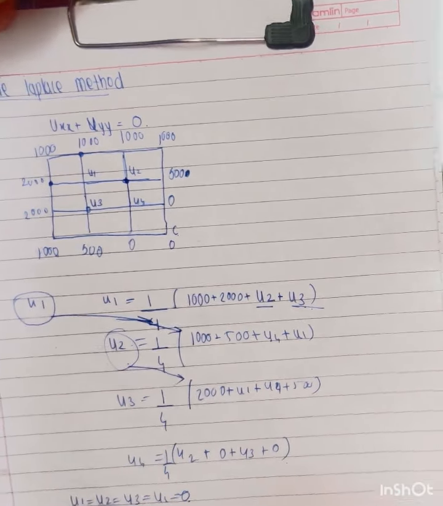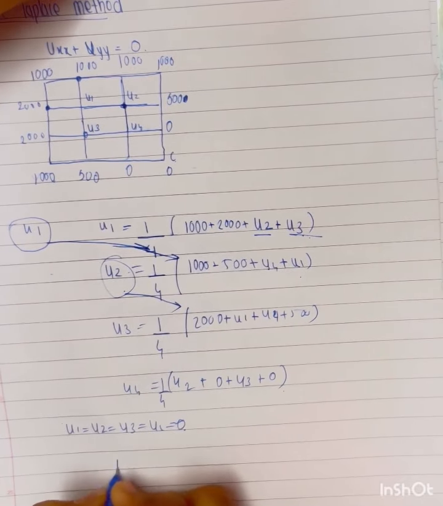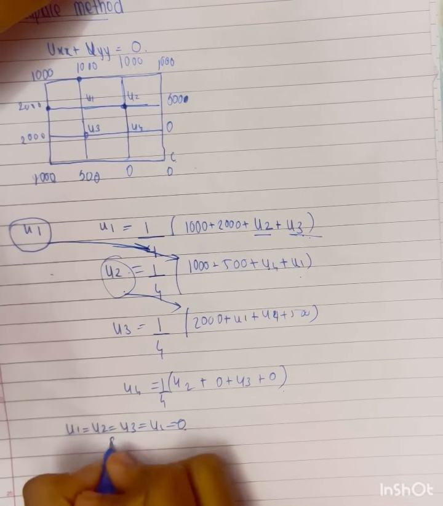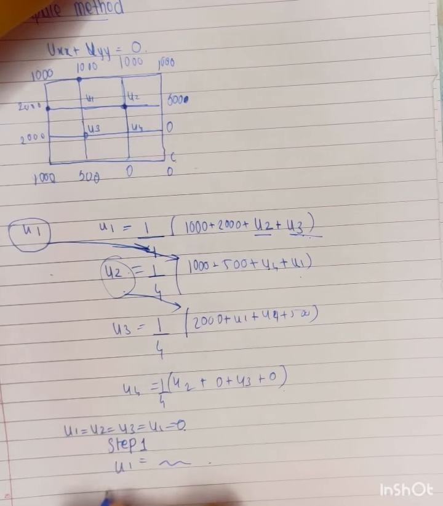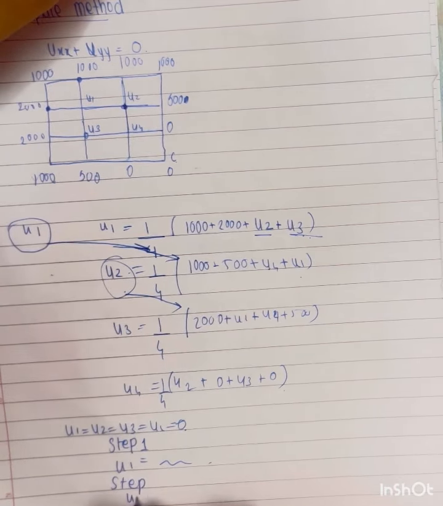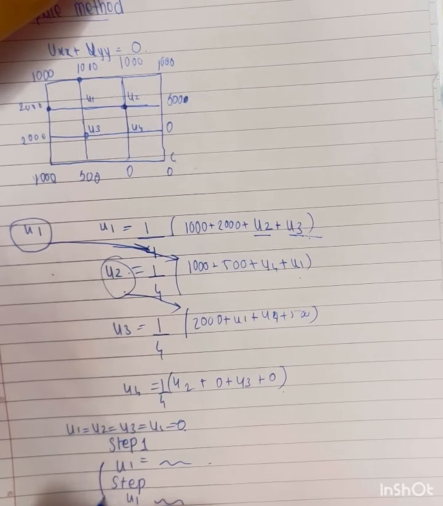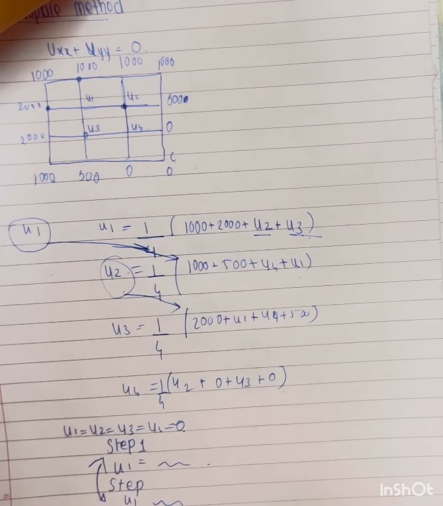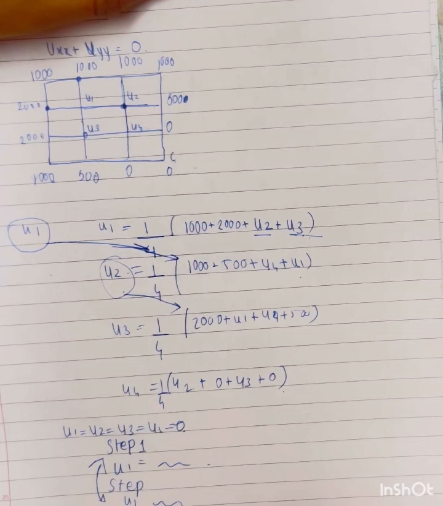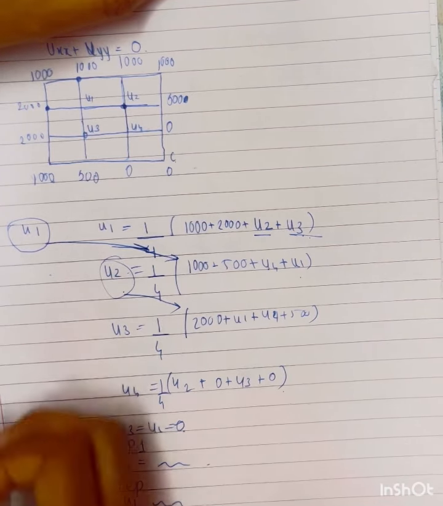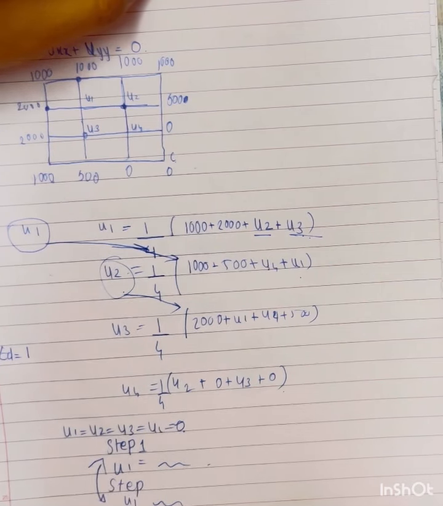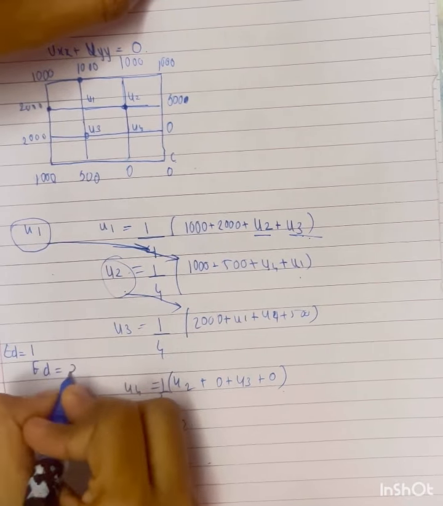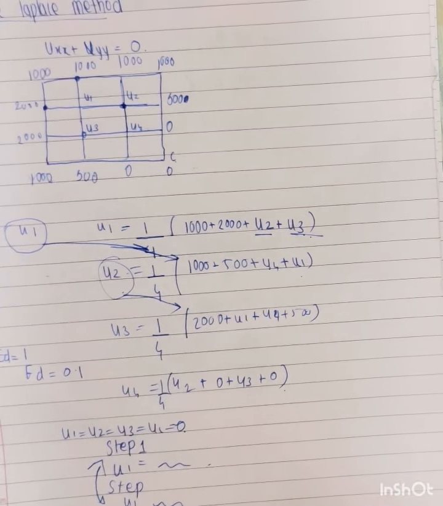Here accuracy means the difference between values of U1. In step 1 your U1 is something, in step 2 your U1 is something else, and the mod of their difference should be minimum. If accuracy is given as 1, then it should be less than 1. If accuracy is given as 0.1, it should be less than 0.1.